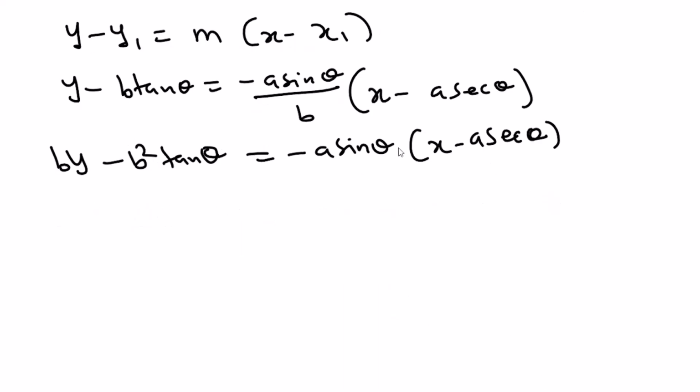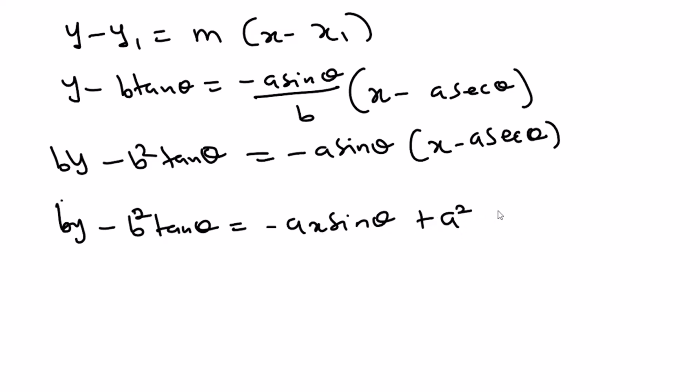Okay, so let's try and expand this one here. So we have by minus b squared tan theta being equal to negative ax sine theta plus a squared sine theta sec theta.